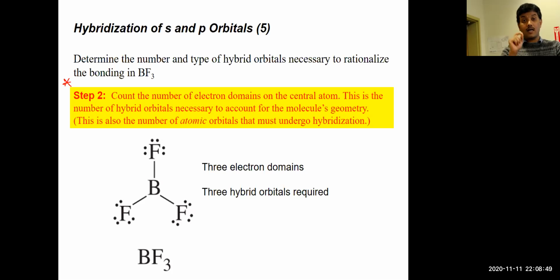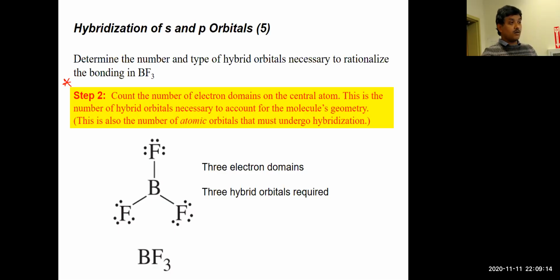So you would create only that many hybrid orbitals. It doesn't matter if you have more electrons available in the electron configuration, you don't use them. You only use the number of electron domains, equal to the number of hybrid orbitals, because that's what is going to explain the bonding and the molecular geometry.